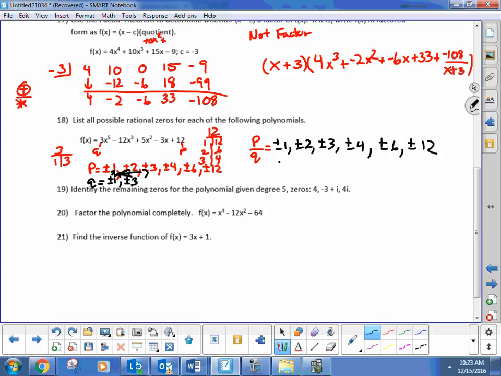So plus or minus 1/3, plus or minus 2/3, plus or minus, well, I don't repeat that one, but I go to 4/3. I don't repeat the next one or the next one, so that's it. We stop there. The reason I didn't list any other ones is because they're repetitions. There'd be things that I already have listed, so you don't list repetitions.